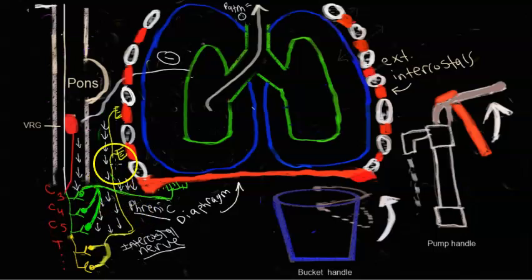So because there's less action potential going through these nerves, the phrenic and the intercostal nerve, there's going to be less stimulation to the diaphragm and the intercostal muscles. And what this is going to do is it's going to cause these muscles to relax. So as this happens, there's going to be less innervation of the external intercostals and the diaphragm, causing these muscles to relax. So the muscles that were contracting in inspiration now relax during expiration.